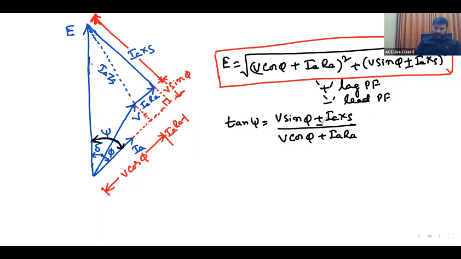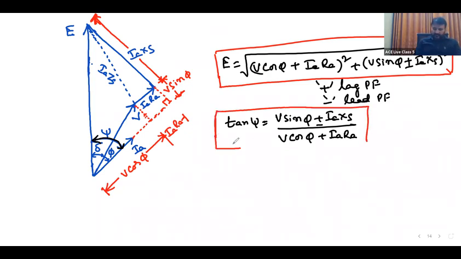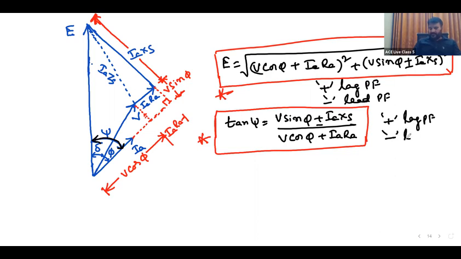Of course, this is plus or minus. I am drawing the phasor diagram for lagging power factor. Lagging power factor means plus. Plus is for lagging power factor, minus is for leading power factor.